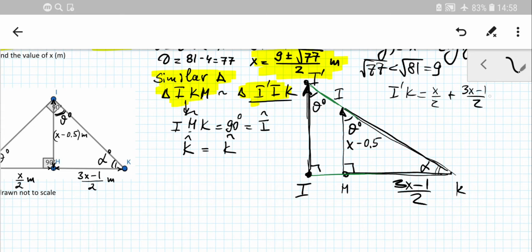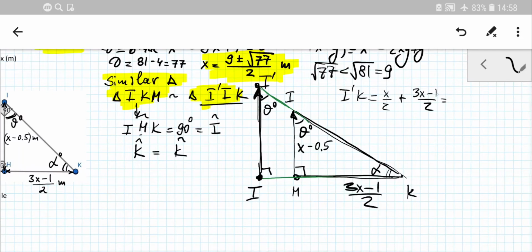Let's simplify that. 3x over 2 and x over 2, I simply divide by 2 every single part, we'll get 2, so 2x, and we're left with minus 1 over 2. Okay, so that's the value for the longest side.